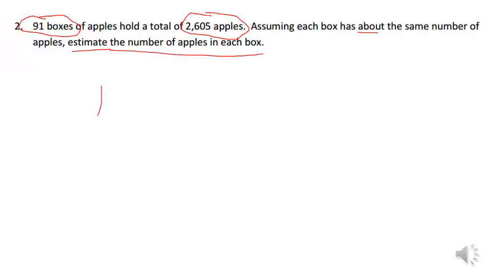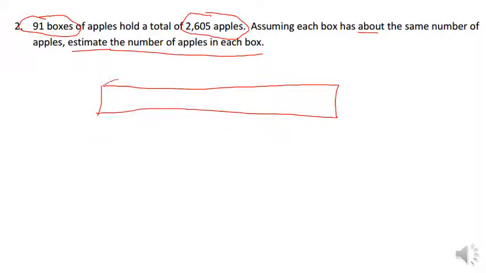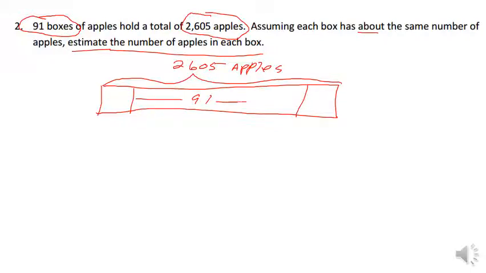Now I'm going to draw a diagram. Here's my tape diagram. And I know the total amount was 2,605 apples. And it says 91 boxes. So I'm going to put 2 boxes here. And I know there's 91 of them.